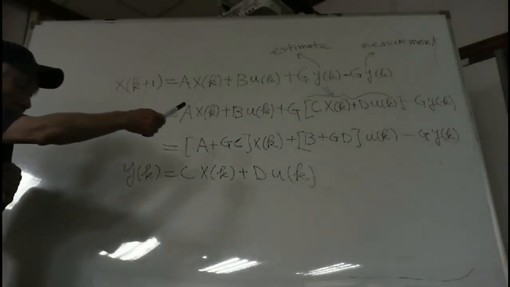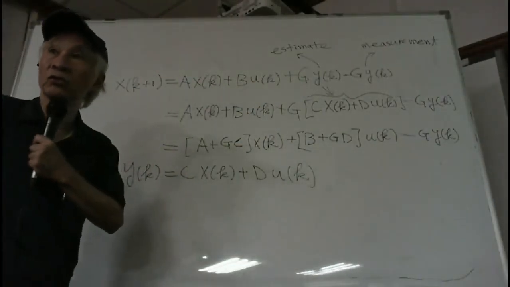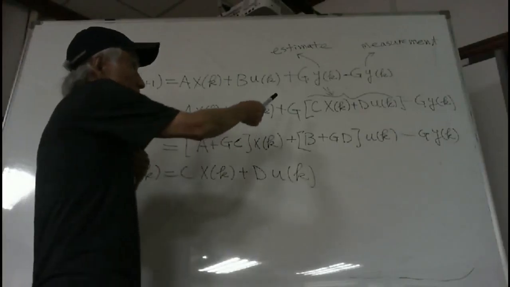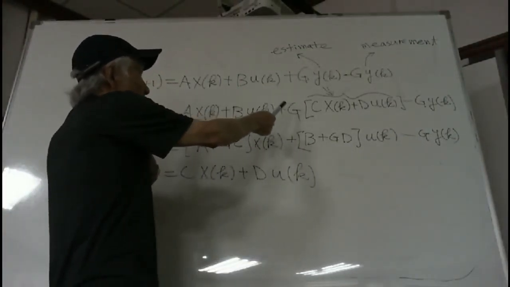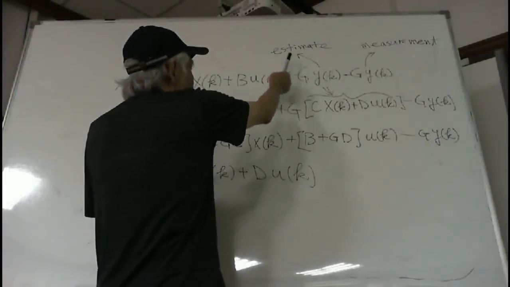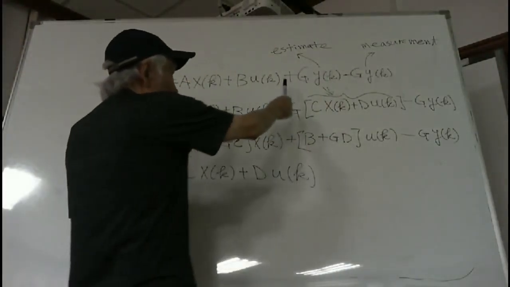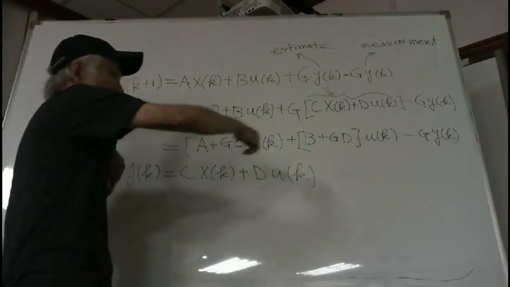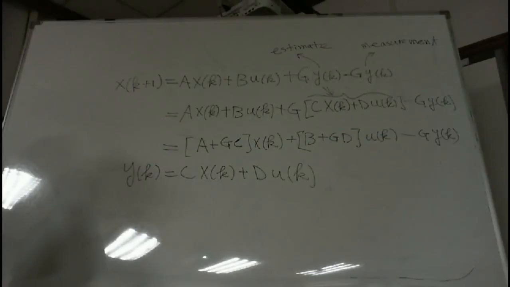Here we assume that the estimate is identical to the measurement. That's not true later on. But in theory, I derive my equation such that I have Gyk, where one yk is from the estimate and the other yk from the measurement. Assume they are identical, and in theory, then we can do that.